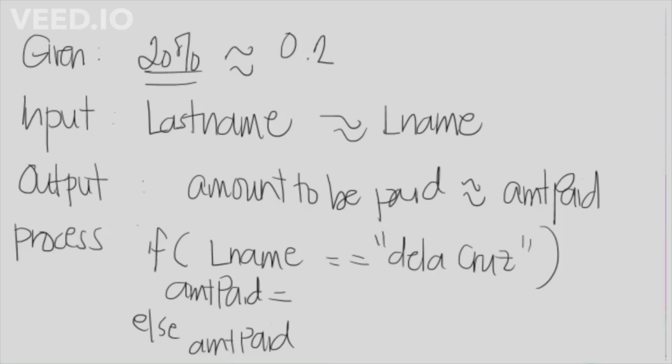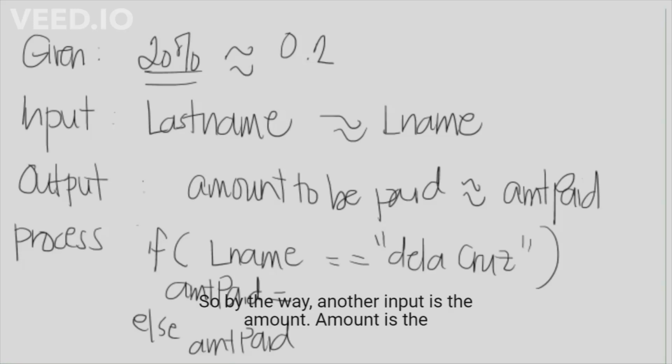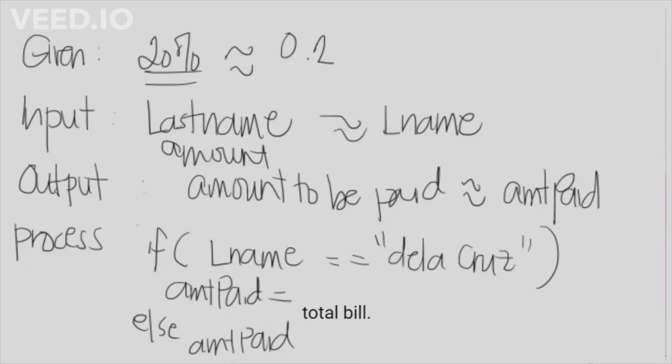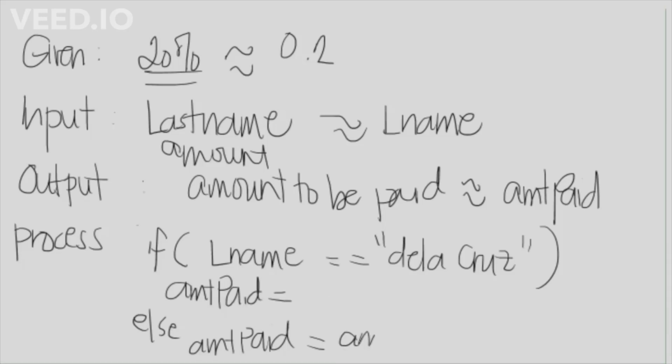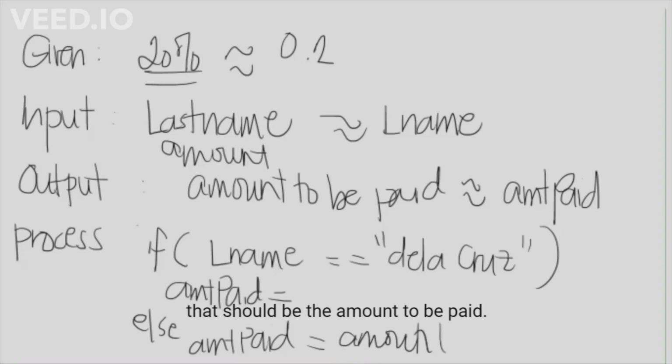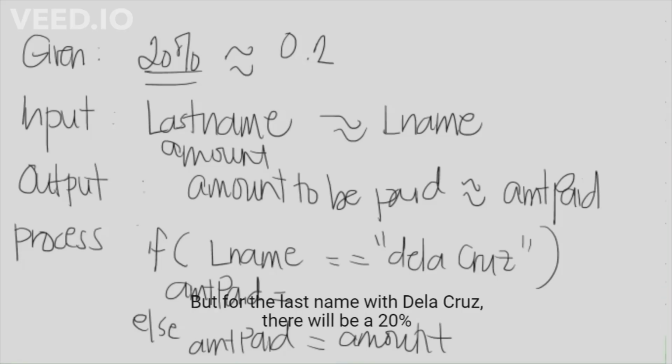By the way, another input is the amount. Amount is the total bill. So here, if your last name is not De La Cruz, whatever the amount, that should be the amount to be paid. But for the last name with De La Cruz, there will be a 20% discount.